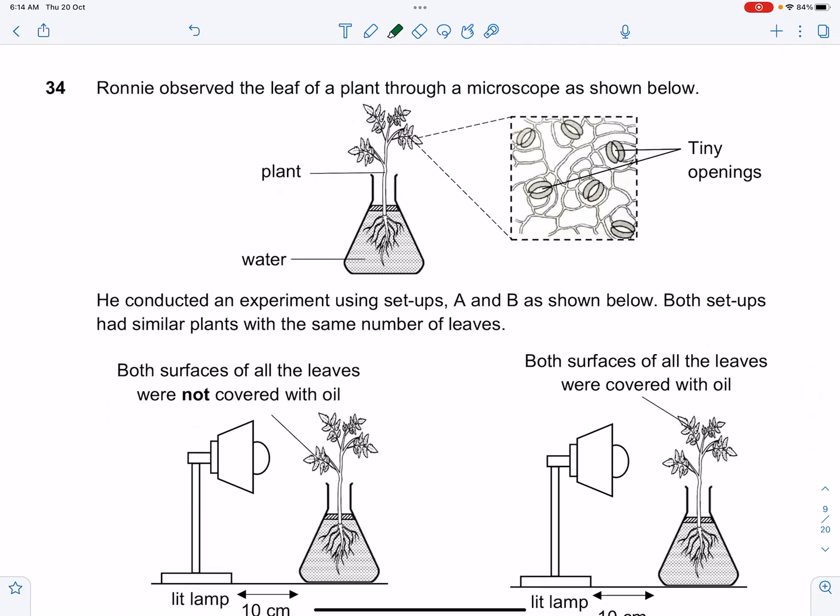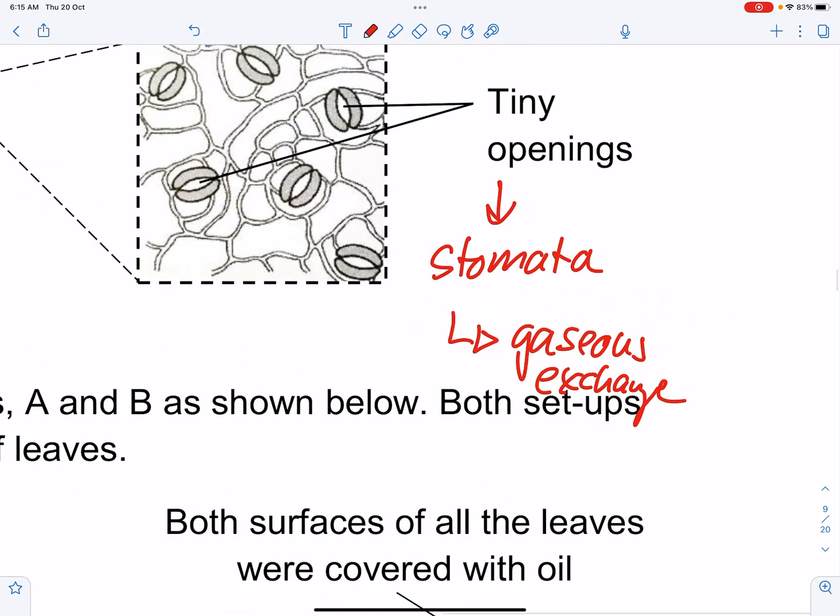Now 34, okay, Ronnie observed the leaf of a plant through a microscope as shown, and he saw these tiny openings. Right off the top, I recognize these tiny openings as my stomata. My stomata basically has two functions. The main function of it would be for gaseous exchange. Now this gaseous exchange is basically for my plants to be able to get carbon dioxide in the daytime in the presence of light for photosynthesis.